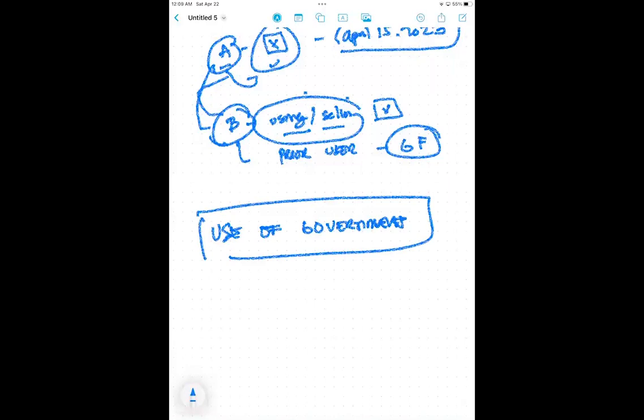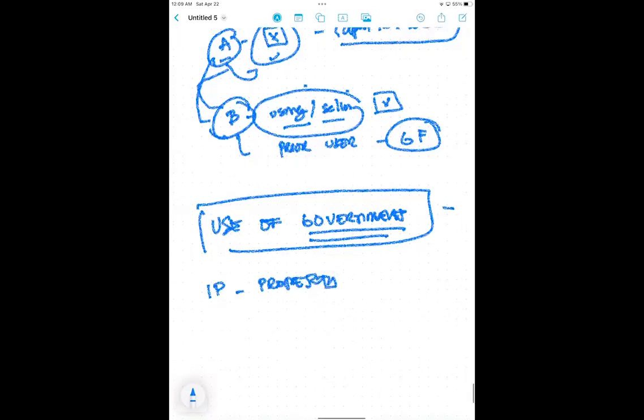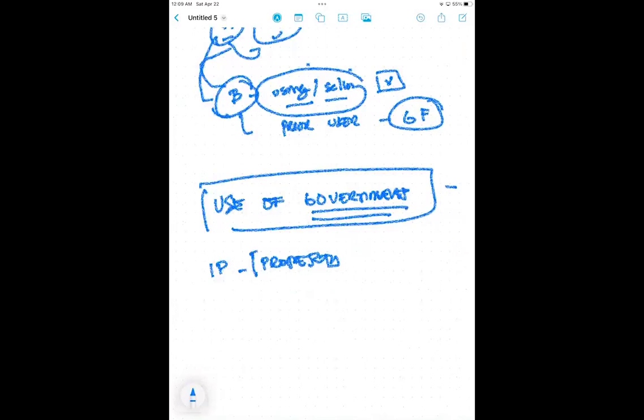But of course, yung sinabi kong walang magagawa, it presupposes that the government, okay, also follow the rule. Why? Bakit kailangan si gobyerno mismo ay mag-follow the rule? Because, di ba, IP is a property. At anong sabi ng ating Constitution? No person shall be deprived of life, liberty, or property without due process.